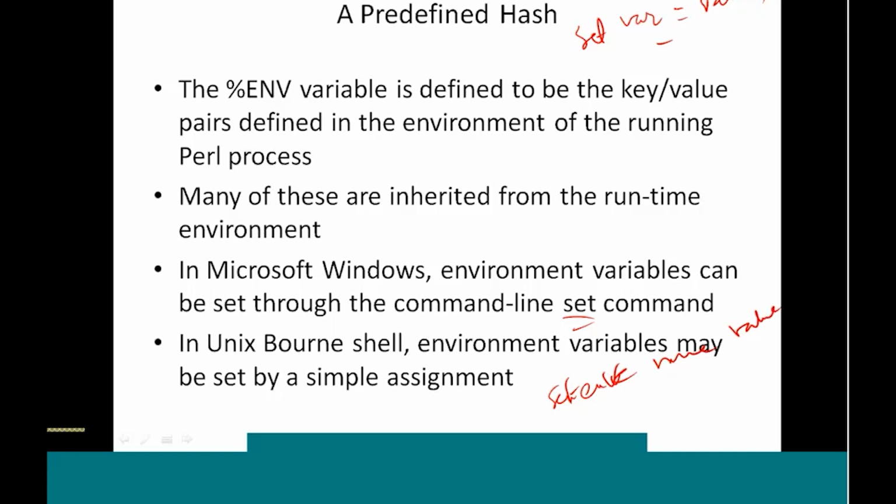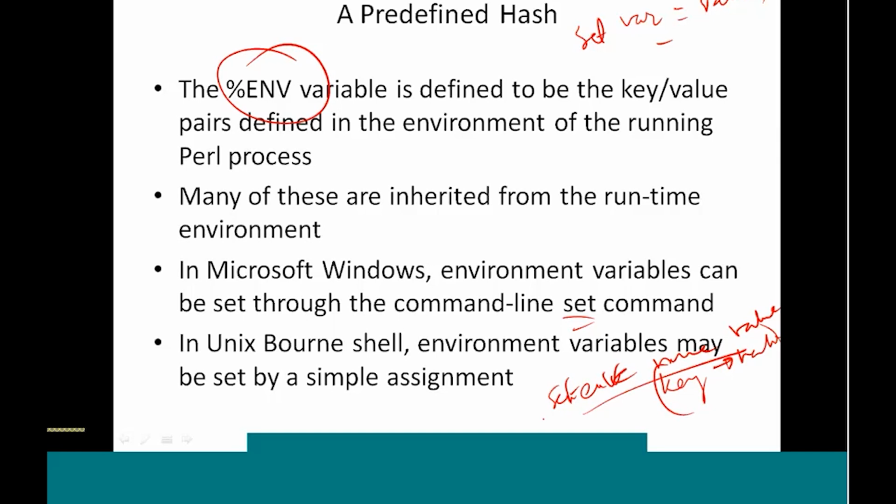So the simple assignment will set these things, and then once it is done, the %ENV has these key value associations already. So then it uses that to determine how the operating system behaves.